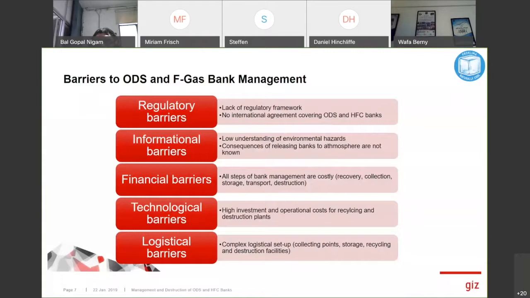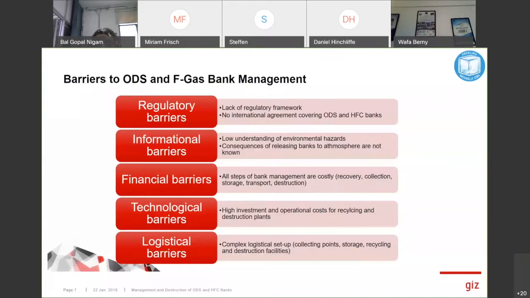Normally the valuable parts, copper, etc., are well known, but for the refrigerants and foam blowing agents, the environmental effect is often not known, or at least not the extent or the importance of it.